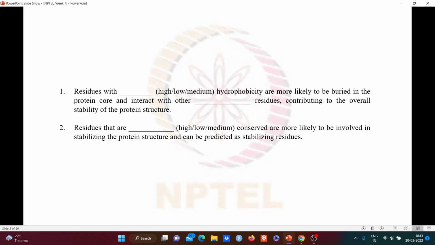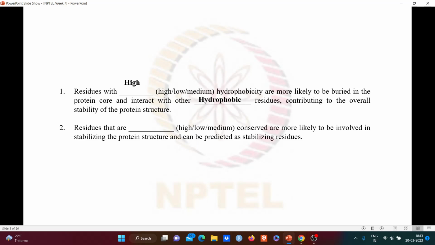Yes. So residues with high hydrophobicity are more likely to be buried in the protein core. We call it hydrophobic collapse, also another name for this. Then they interact with other hydrophobic residues, contributing to the overall stability of protein structure.